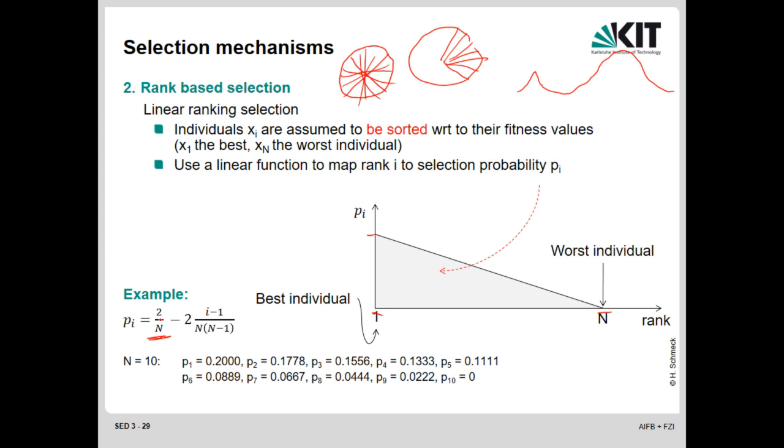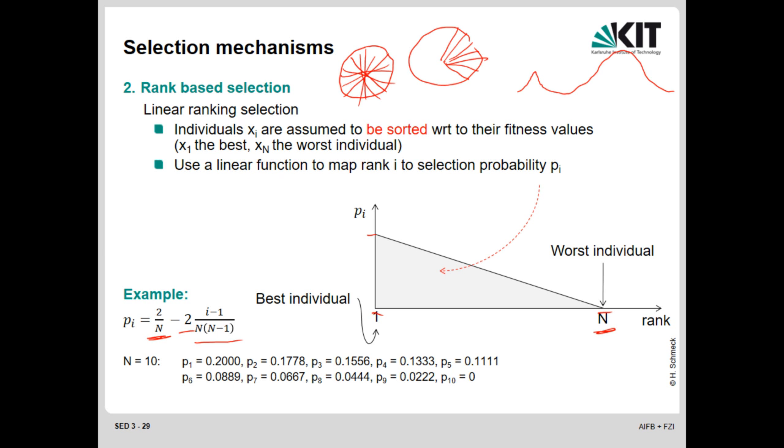Minus 2 times (i minus 1) over n times (n minus 1). So for the best one, having the index 1, this is exactly 2 over n. For the worst, for individual number n, it is 2 times (n minus 1) over n times (n minus 1). Then this fraction there is exactly 2 times 1 over n, and so the probability is 0 for the worst.